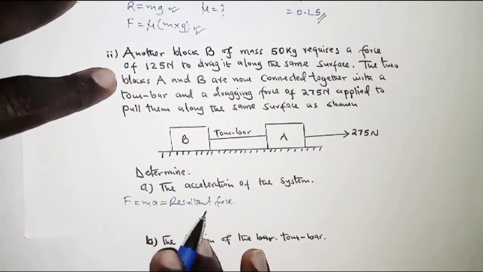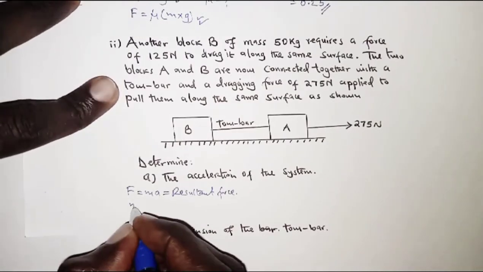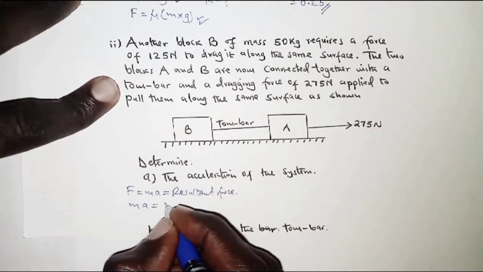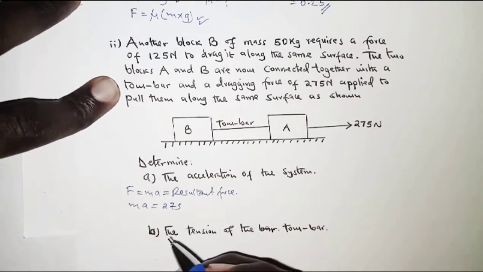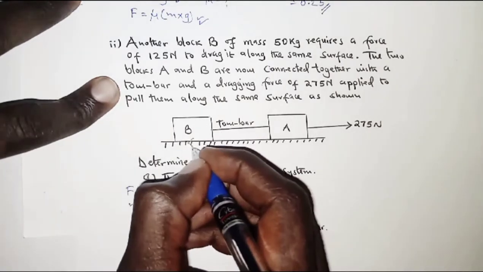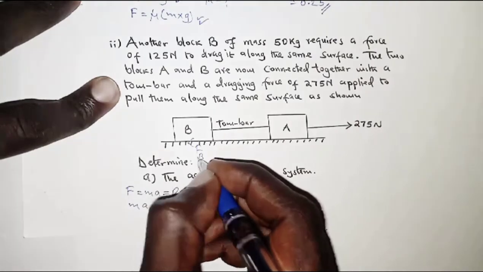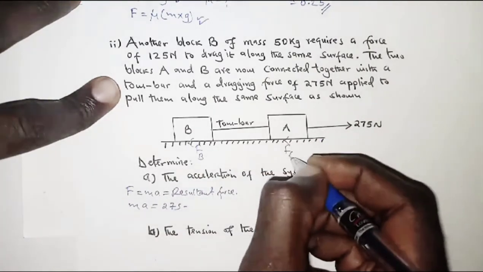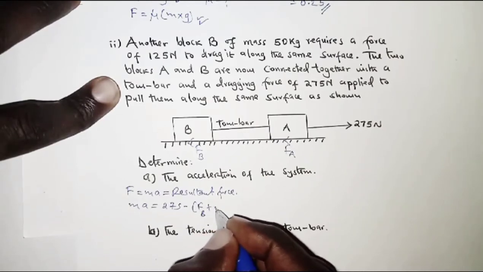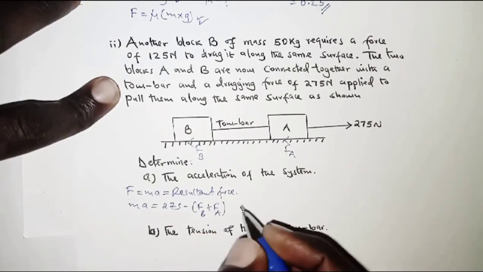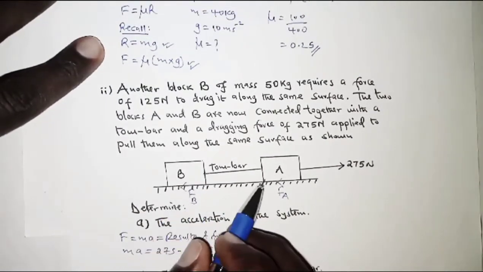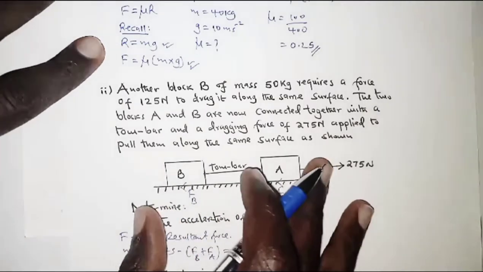For this particular case, the resultant force ma will be obtained by 275, which is the force applied, and this force has to overcome the frictional force acting on B and the frictional force acting on A. These frictional forces are simply the forces required to set A and B in motion.